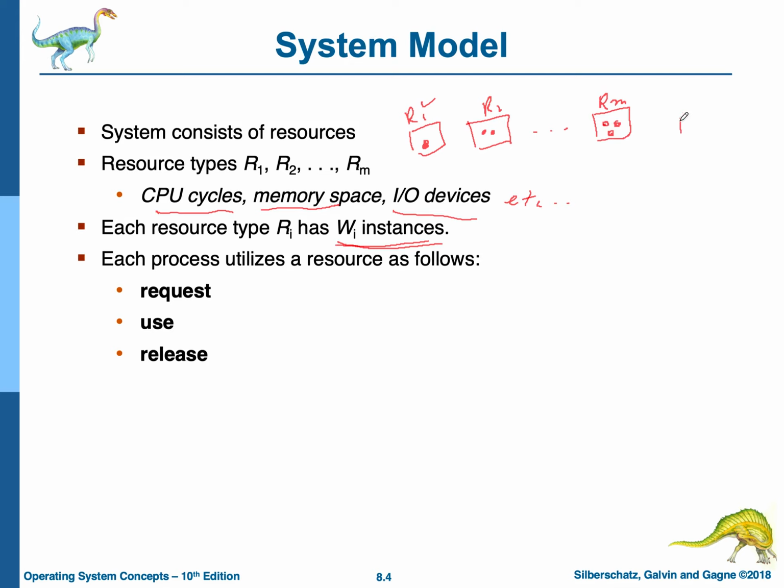For example, if there are maybe 5 printing jobs in the system, 1, 2, 3, 4 and 5, then 3 of them would be allocated a printer. Let's say this is printer 1, this is printer 2, and this is printer 3.